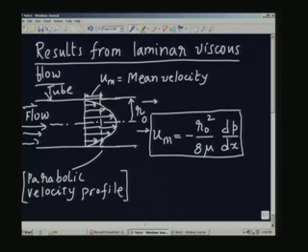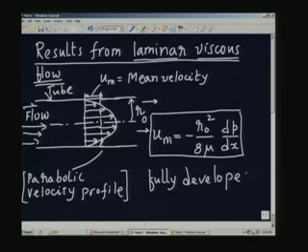If the tube is long enough, the velocity profile inside the tube, or the variation of velocity within the tube because of laminar viscous flow, will be what is called fully developed. That means that the shape of the velocity profile is not going to change along the length of the tube, it is going to remain the same. And of course, the same amount of fluid is moving across from left to right.